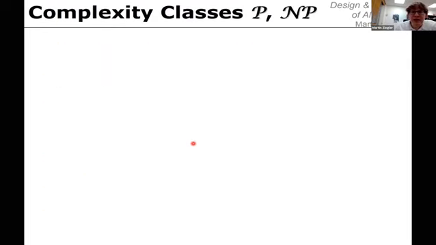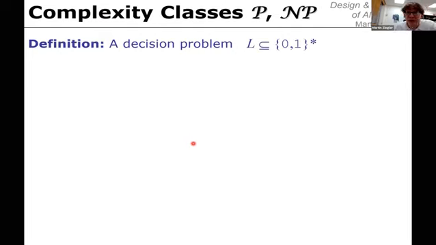So, complexity classes P and NP. Here we're talking about decision problems, and we formalize a decision problem as a set of finite binary strings, usually an infinite set, but every element of that set is a finite binary string.